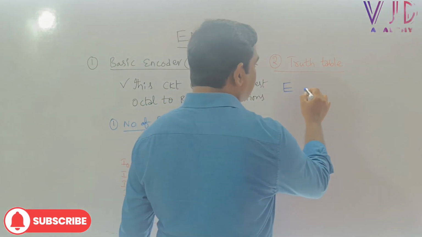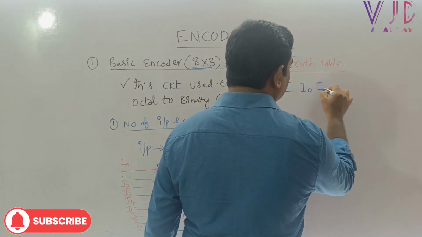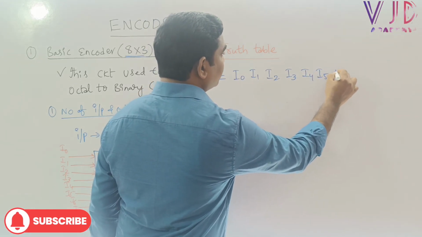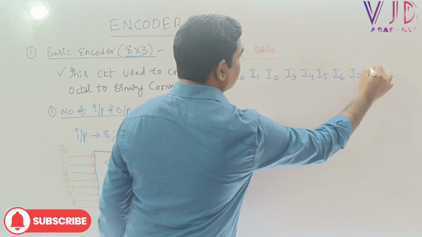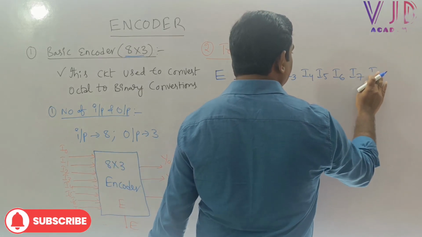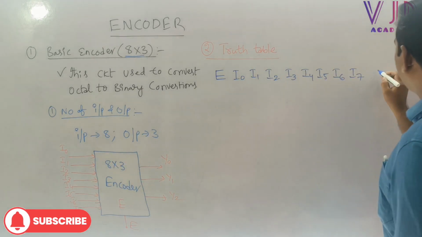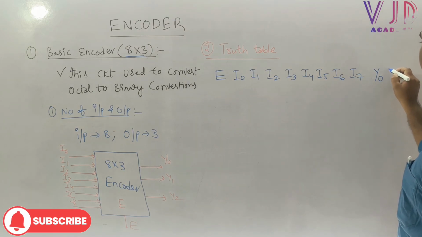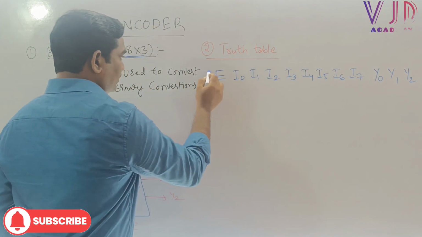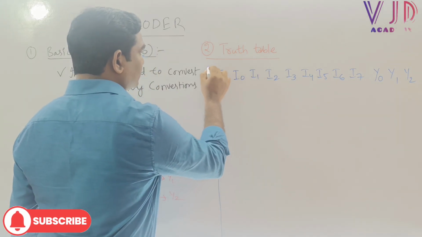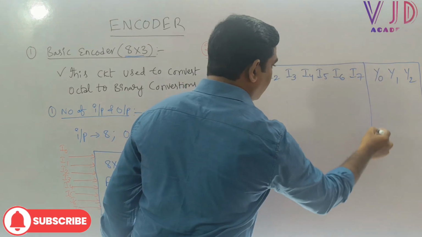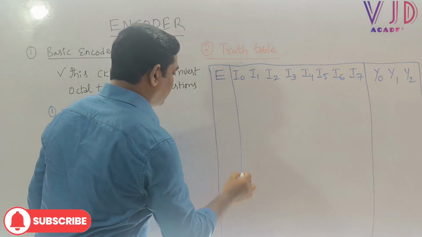And now here inputs are, we can say I0, I1, I2, I3, I4, I5, I6, I7, up to I7 we will be getting, because we are counting from I0. And we have 3 outputs. Can you please just tell me outputs? Y0, Y1, we can say Y2. This much big a truth table we are going to fill. Sir, here these are the output and this is enable input.